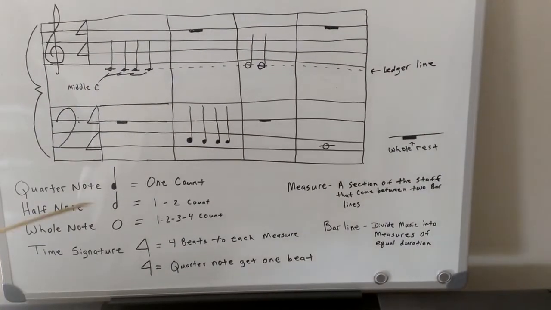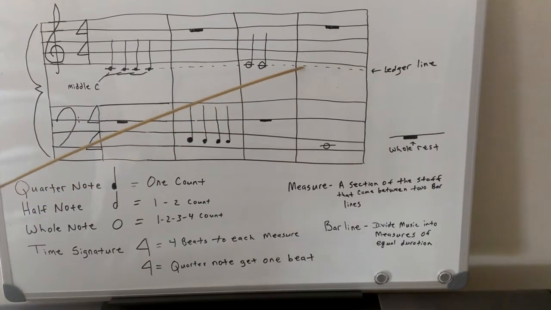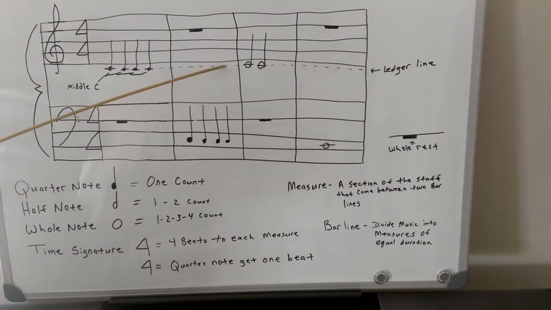What I did here is I also constructed an imaginary ledger line here. That's why it's broken up, because this is the middle C. As you can see, the middle C is off of the staff.